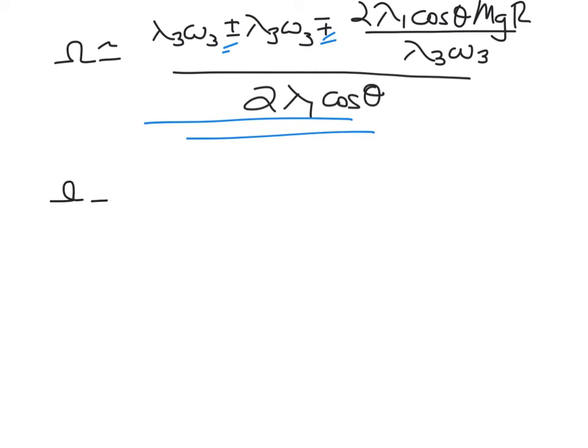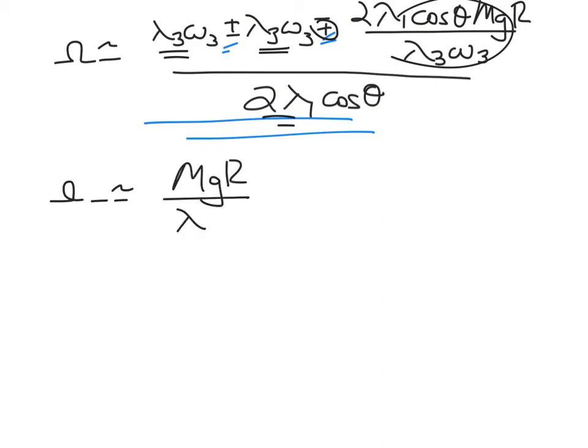The minus root, that's where this has a minus sign, and so it's going to cancel with that. For the minus sign, we get a minus sign, we get a plus sign here. And then we're going to divide all this thing through by this. And so the minus root for the precessional frequency comes out to be mgr over lambda 3 omega 3.